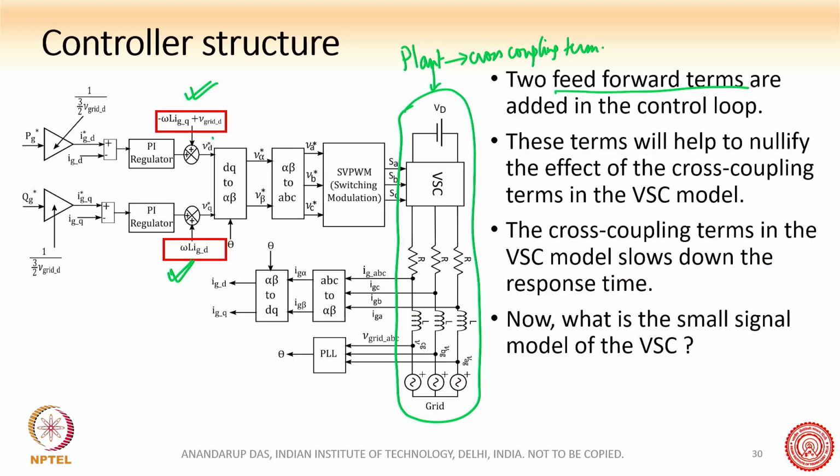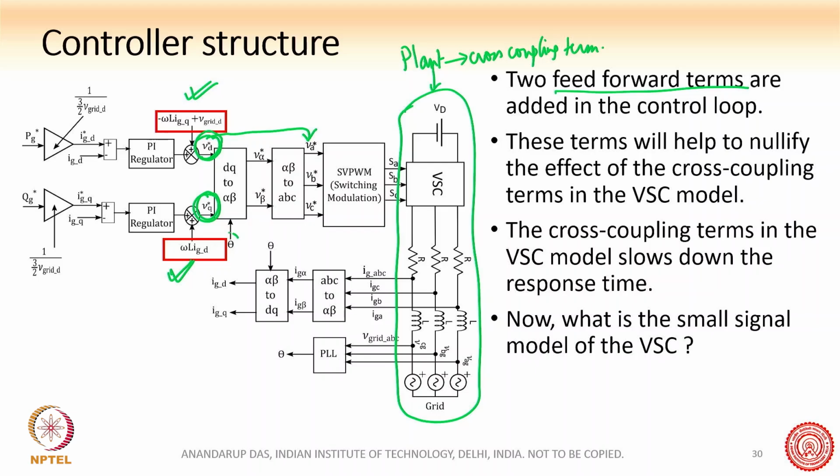And after this, what happens is this VD star and VQ star. These are the references. VD star and VQ star are the D and Q axis reference voltages for the VSC, which, as I told you, must be converted into VA star, VB star, VC star, because we are going to work with either sine PWM or space vector PWM, which requires 3 modulating waveforms. But now we are in the DQ domain.